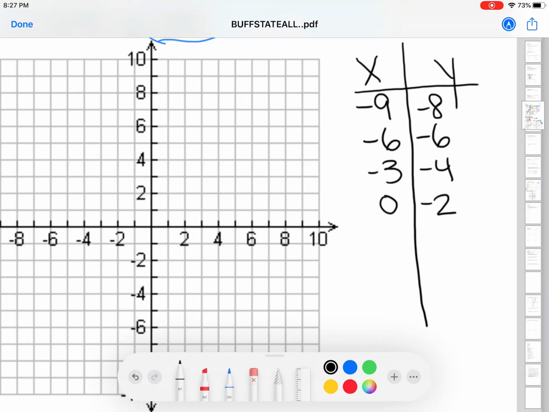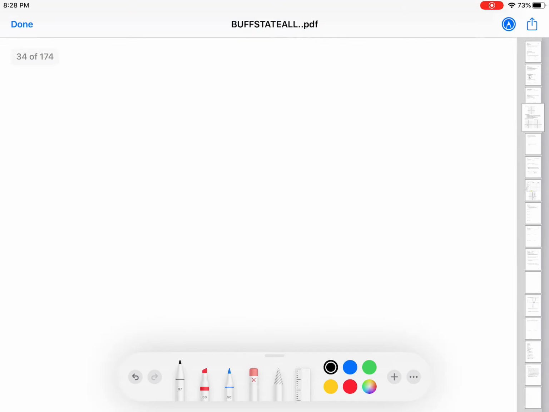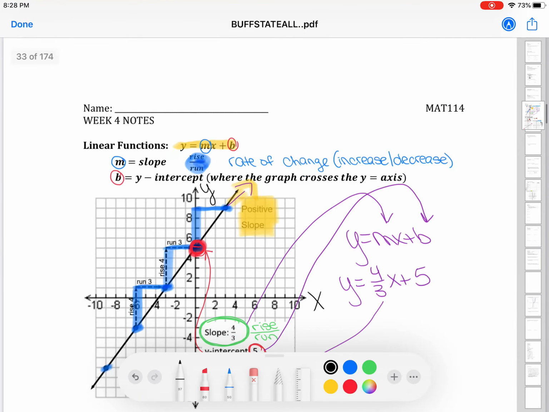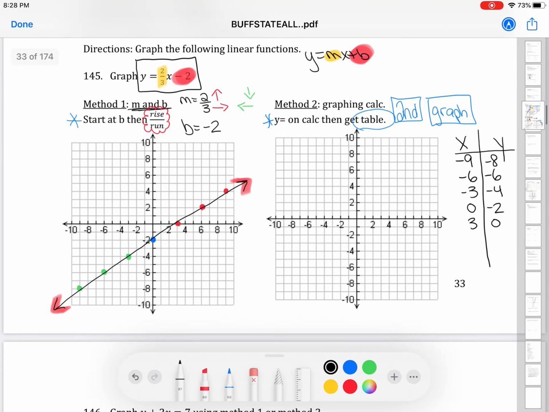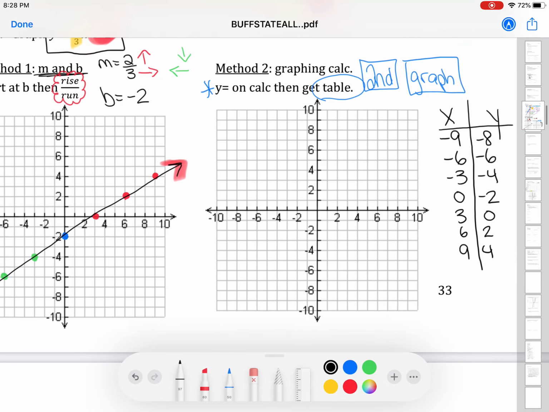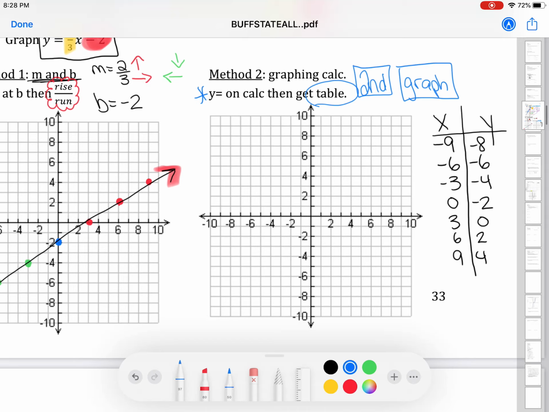Then continuing on, just copying down all of those nice points: 3, 0, 6, 2, and 9, 4. Those are all the nice points from the table on my graphing calculator.